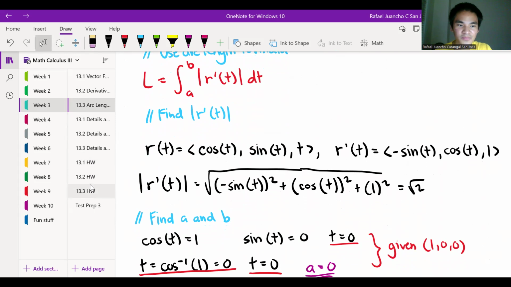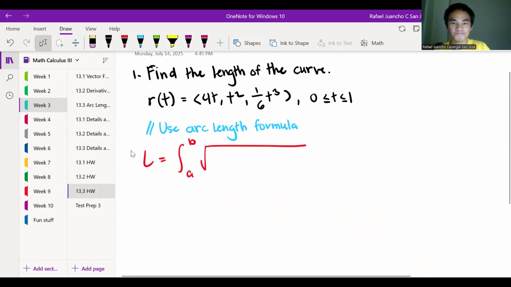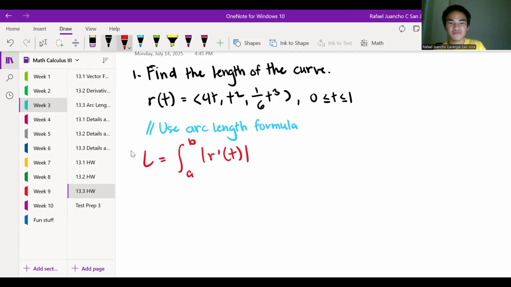I still use the same formula, but I find the length of the derivative vector, which I now call the tangent vector, and that's it. So now I solve for what I need to know.